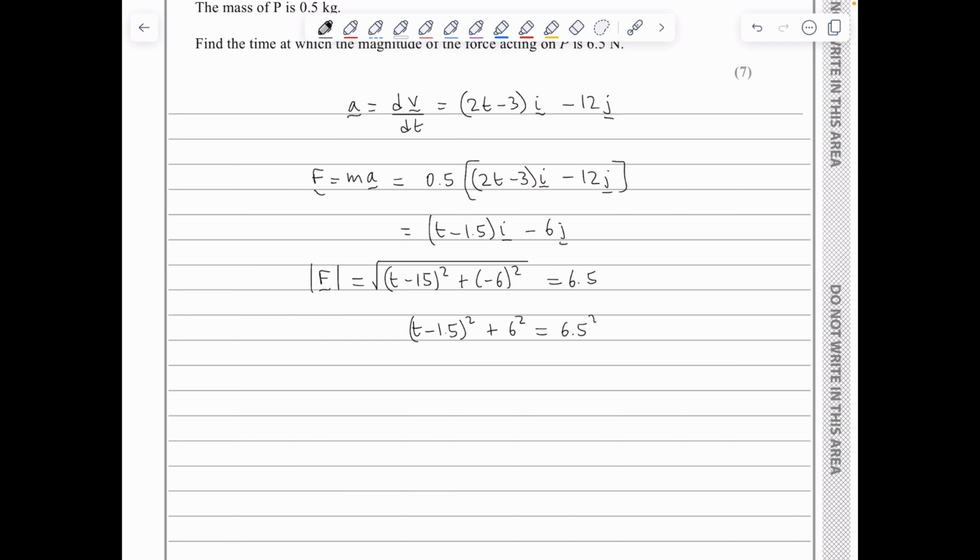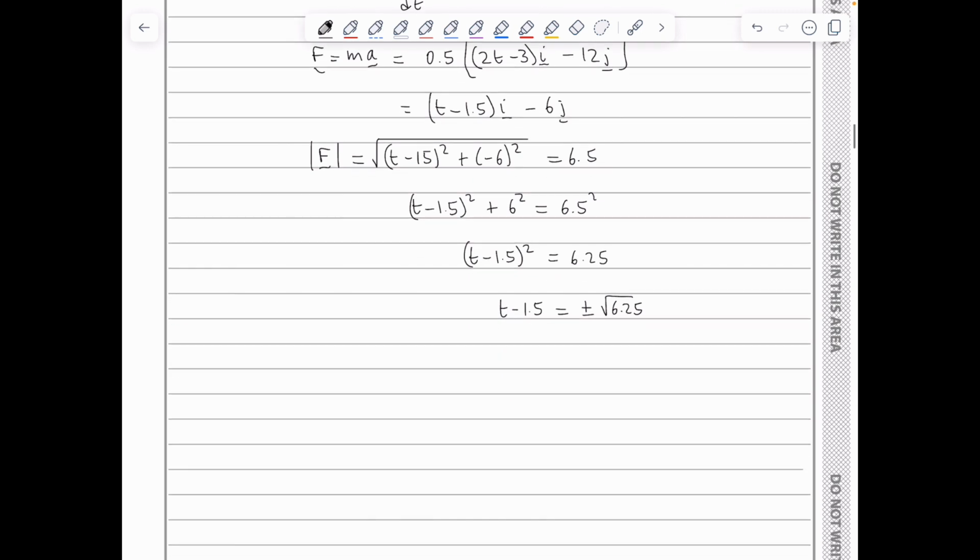So we've got that (t minus 1.5) squared is equal to 6.25, and therefore t minus 1.5 is plus or minus the square root of 6.25, which leads of course to t minus 1.5 being equal to plus or minus 2.5.